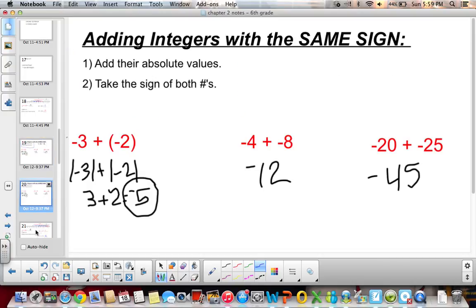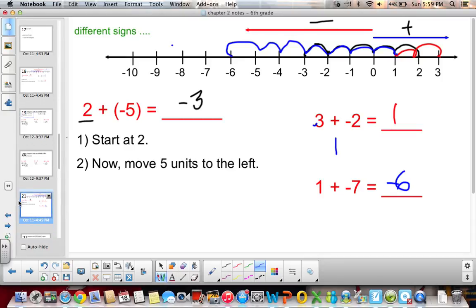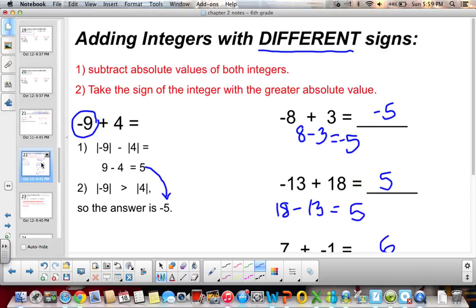And then this is the number line with the different signs. So if you want to write a couple of these examples down, or if you would prefer to write down the rules that we learned about adding integers with different signs, I would write these 2 down for sure, and a couple of the examples.